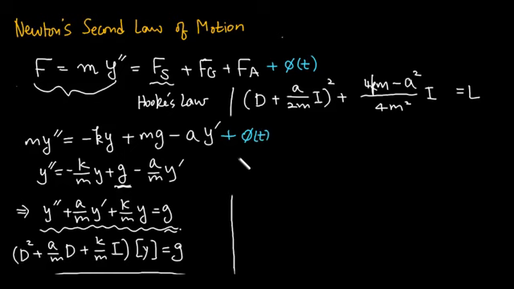As we divide everything by m, we have phi of t scaled by m, so we have here 1 over m phi of t. It does not have y or y prime in it, so we keep it on the right-hand side. So it did not affect this operator, and therefore our L remains the same.